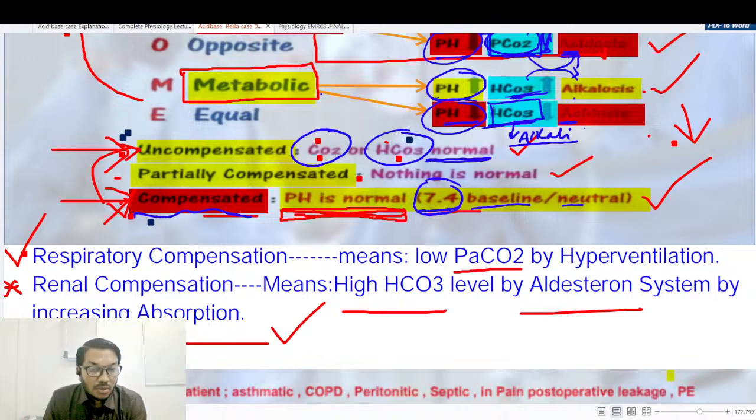If you see low partial pressure of carbon dioxide, I understood your point and I will explain that. But mainly, I'm saying which system compensated. Actually, these are not directly the question, but if you understand this theory, it will be easy for you.